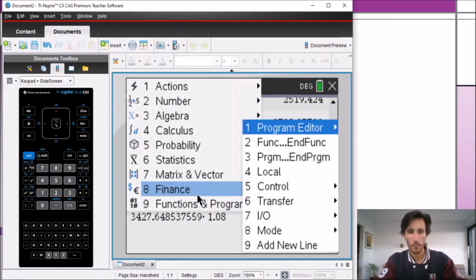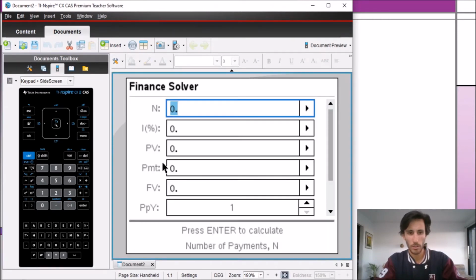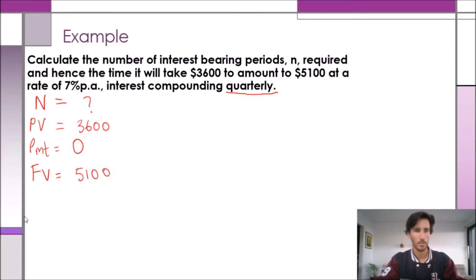Menu, Finance Solver, I. So I should have written that up above, but that's okay. Our I is equal to 7% per annum. Our payments per year and our compounds per year, remember these are always going to be the same. Since it says quarterly, this is equal to 4.